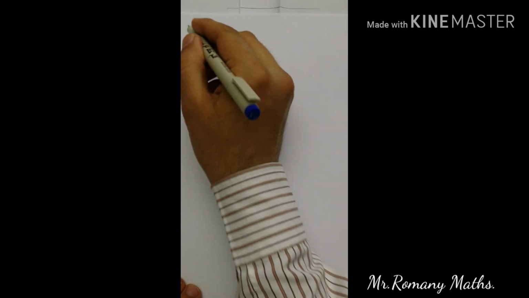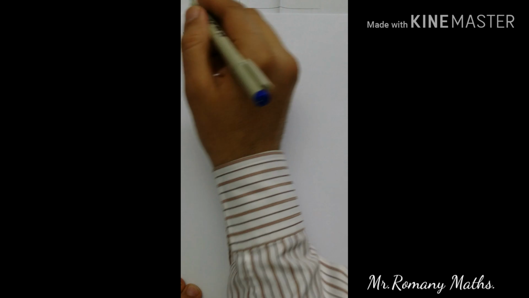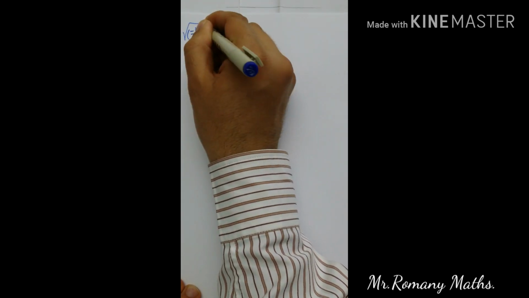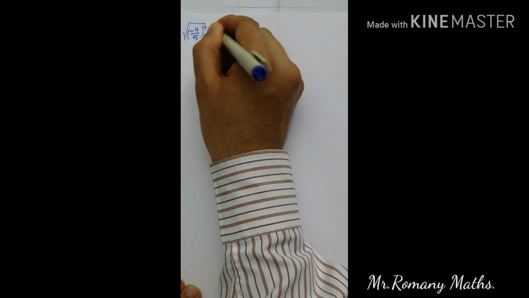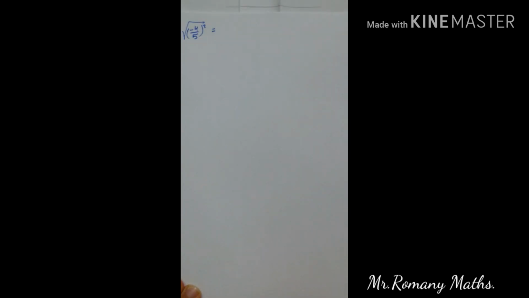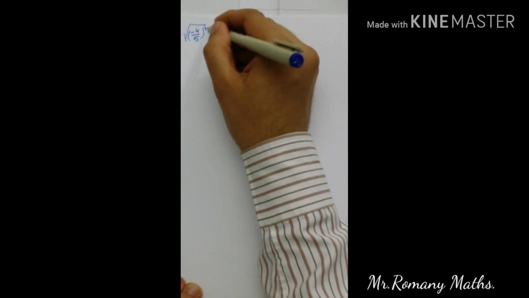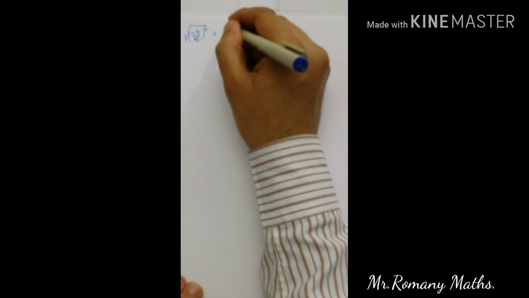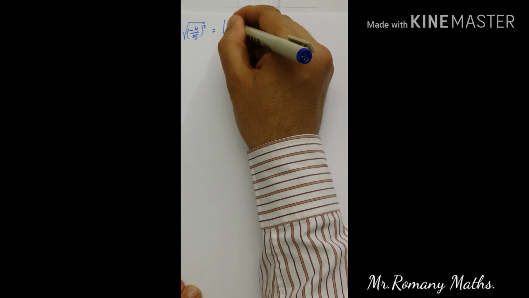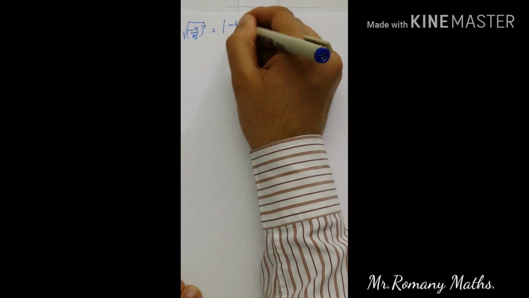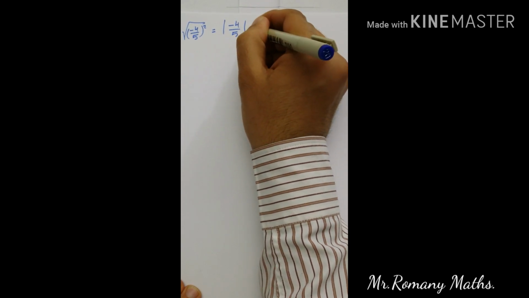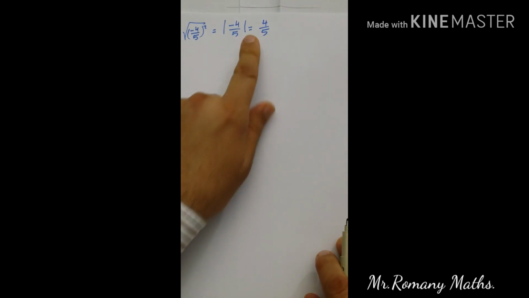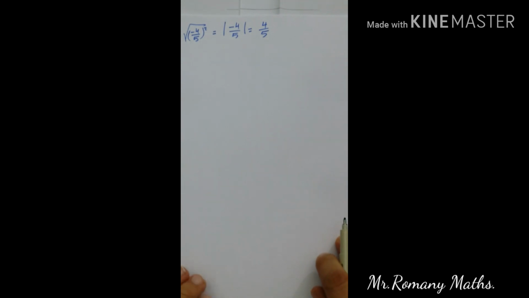Square root of negative 4 over 5 all squared equals the absolute of negative 4 over 5 equals, yes, 4 over 5, because the absolute value deletes the negative sign.